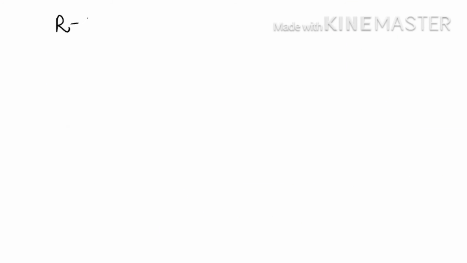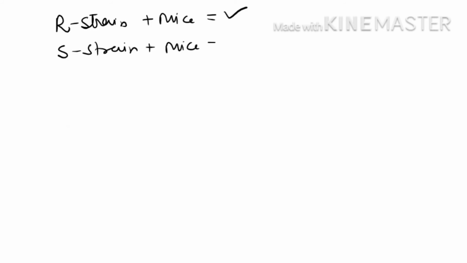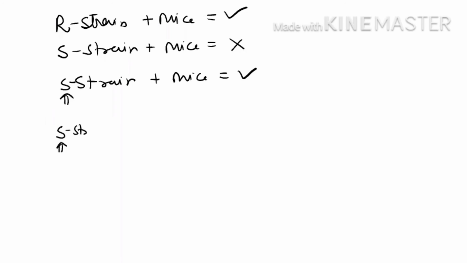The R strain, when injected into the mice, survived. But when the S strain was injected, the mice were not able to survive. When heat-killed S strain was given, the mice survived. And when the combination of heat-killed S strain plus R strain was given, the mice were not able to survive.